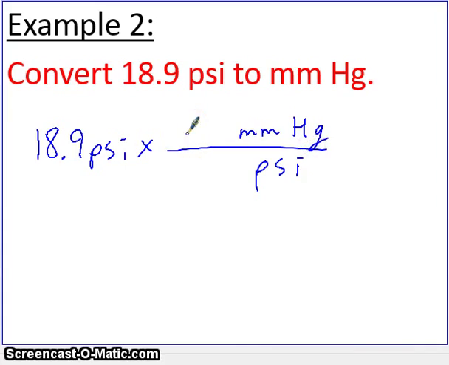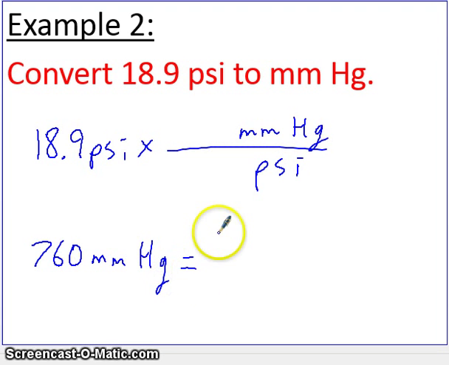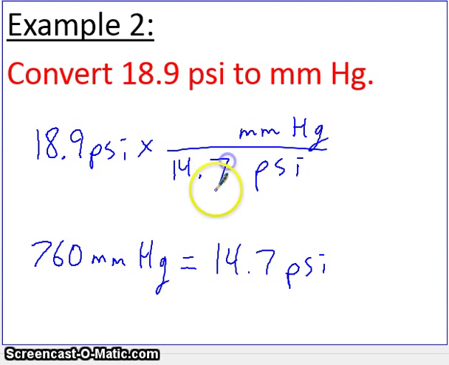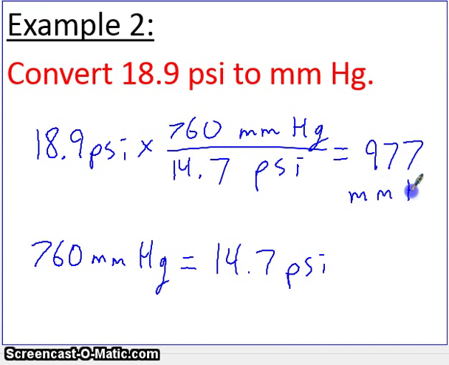Now, if you take a look at the previous slide, the conversion factor is 760 millimeters of mercury equal 14.7 psi. This is our conversion factor. So 14.7 goes into the psi, 760 into millimeters of mercury. What we end up doing is multiplying 18.9 by 760 and dividing that by 14.7. And that's how we get 977 millimeters of mercury.